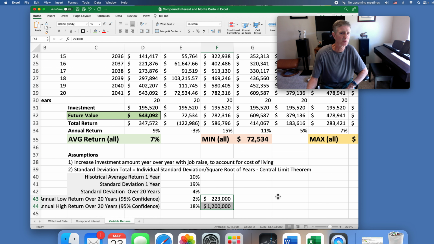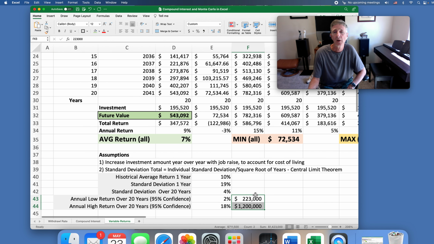Stocks will give us in 20 years from $250,000 to 1,200,000. That's too risky for people. People don't want to do that. So we're going to talk about diversification, how to drive the standard deviation lower by diversifying uncorrelated assets. We're going to do that in the future.